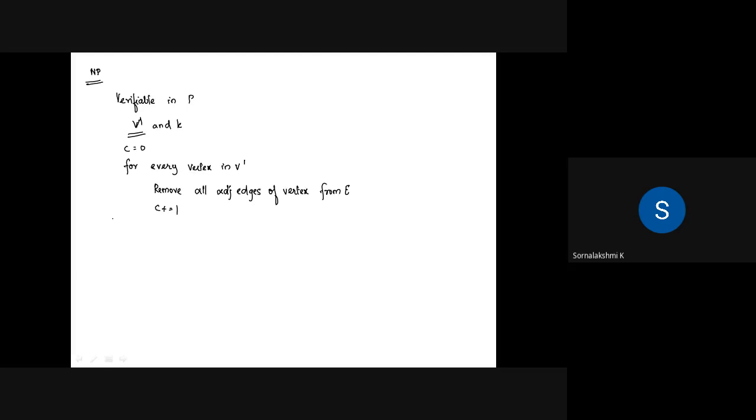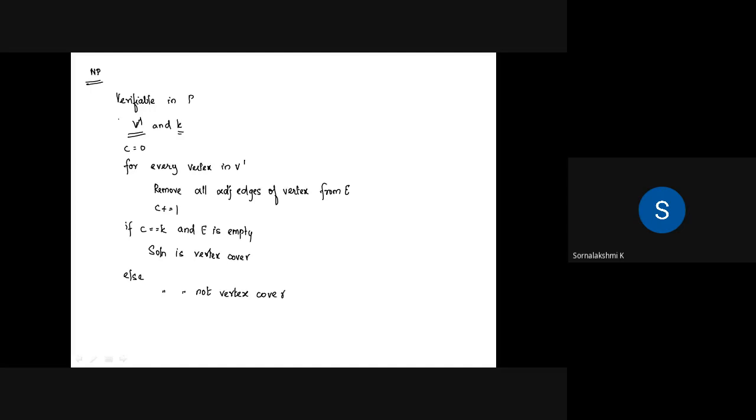When this loop is done, if the counter is equal to K, the subset size, and if I have removed all the edges so that the set is empty, then I can say the solution is a vertex cover. Else, the solution is not a vertex cover.